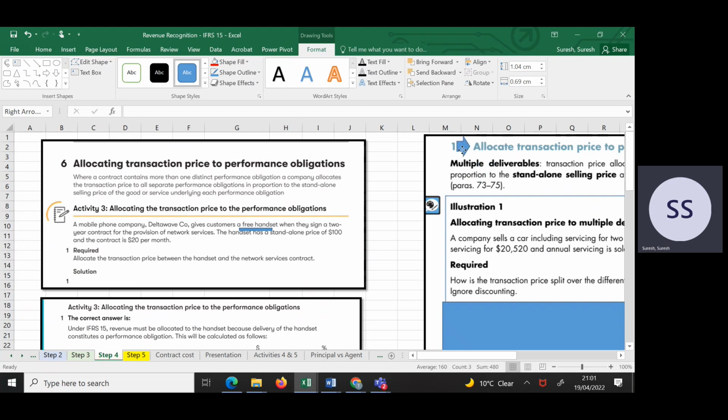They're not dependent on each other. They're completely distinct. So the transaction price, the revenue you're going to get, must be split between those two performance obligations based on the proportion of their standalone prices. That's what we have done in this question. It's straightforward, not a difficult part.